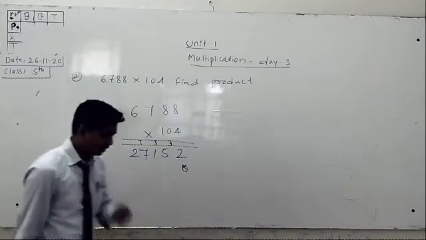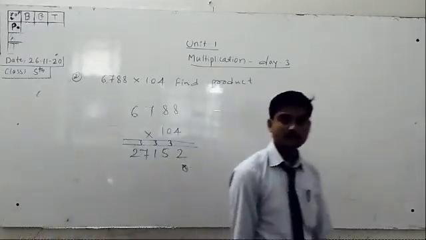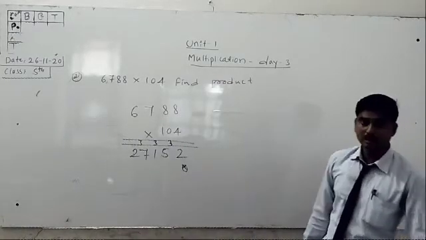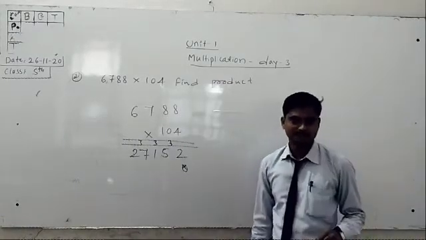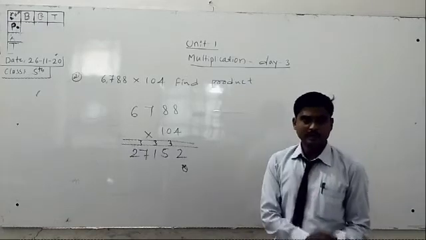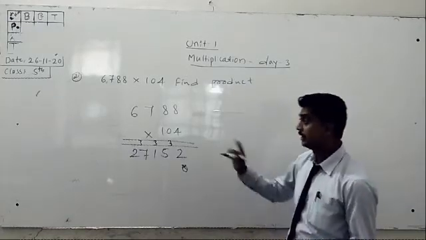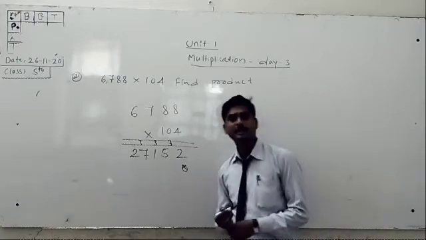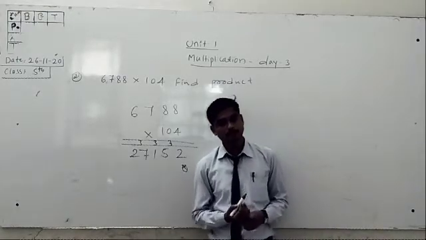But first you have to study the properties of multiplication. One property is, any number you take and multiply with 0, the answer should be 0 only.